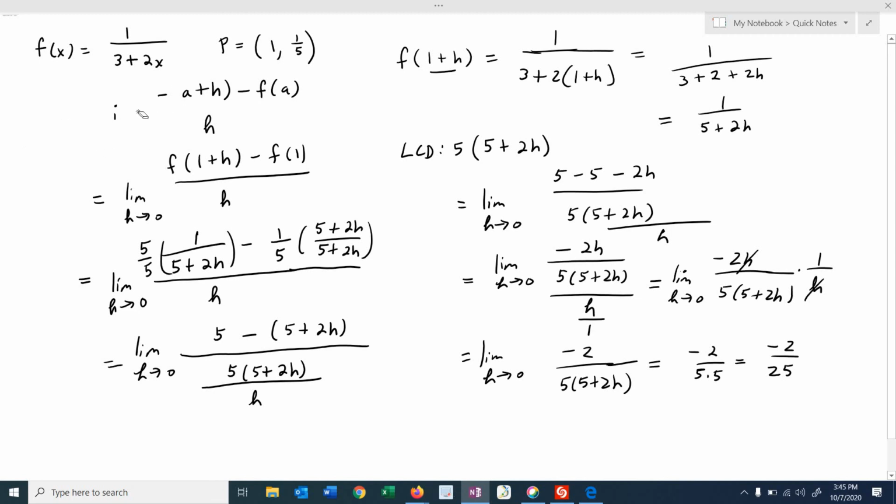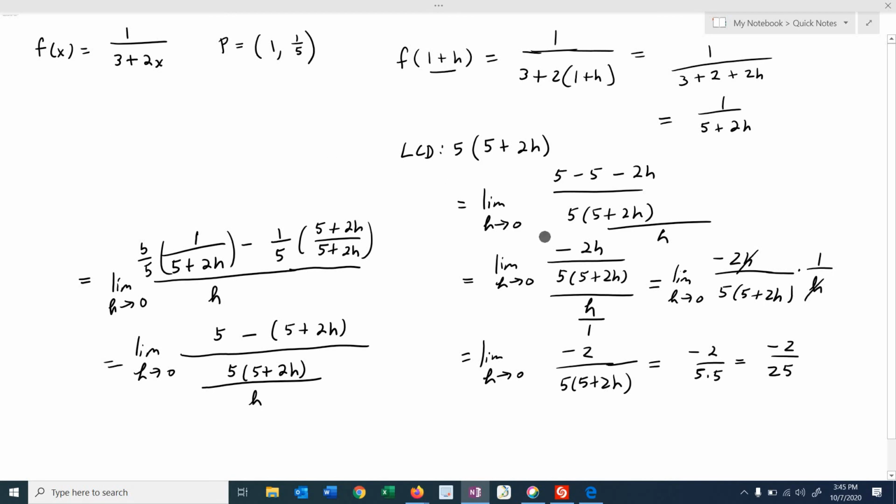Now, let's actually find the equation of the tangent line at this particular point. Now we know the slope of the tangent line, and we know it goes through this particular point, so we can use the point-slope formula. Okay, so m is the slope, right, minus 2 over 25.